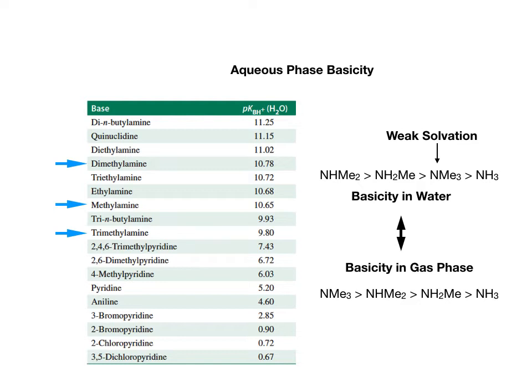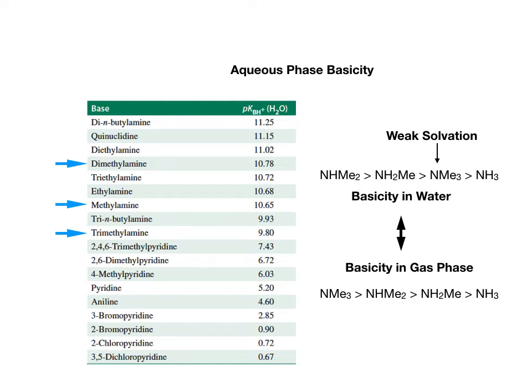Okay, so if you look at this table, it lists the pKbH+ value. Okay, so this is essentially the pKa value of the conjugate acid of the base molecules listed here.